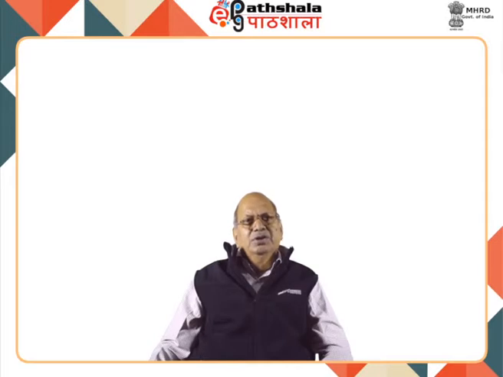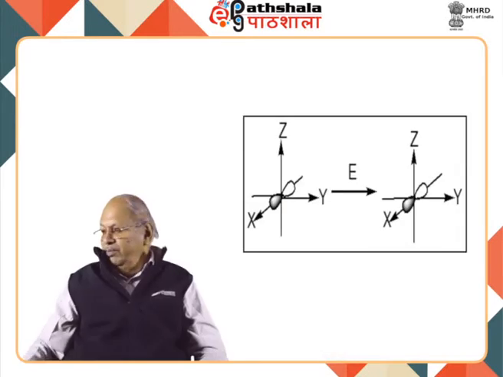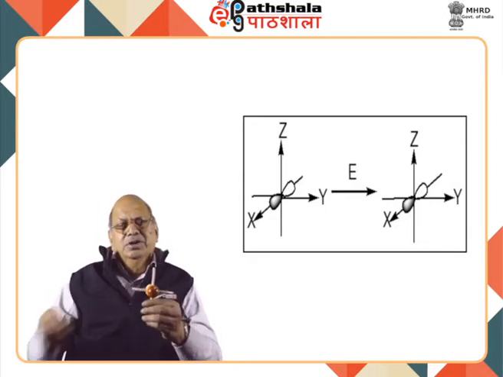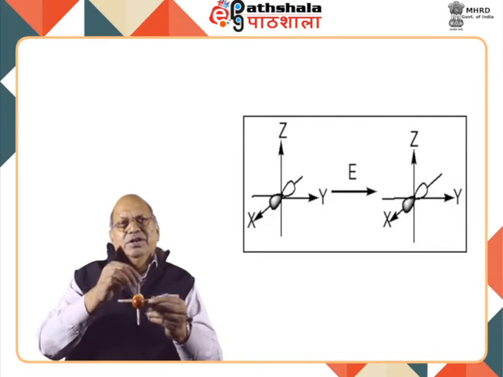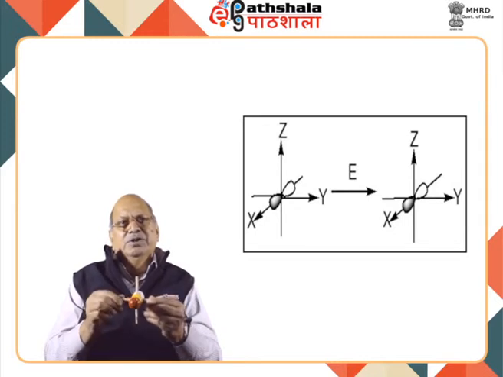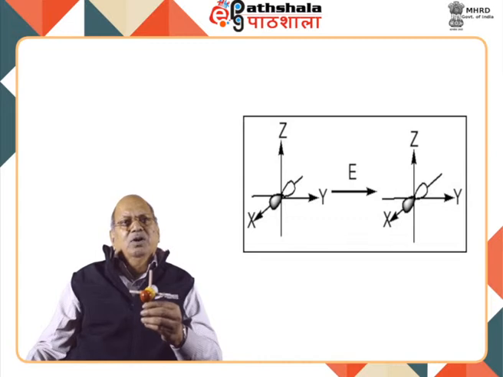Now, identity operation E. According to E operation, we are doing nothing on any of these orbitals. Let us take px orbital as I have shown. This is y-axis, this is z-axis, and this is my x-axis in which the px orbital is lying. And we perform now various operations on this. First, let us perform E operation. E operation means I am doing nothing on this molecule. That is, E operated on px gives me px.